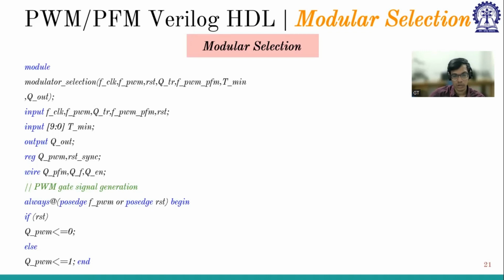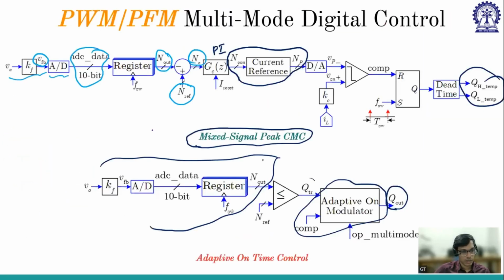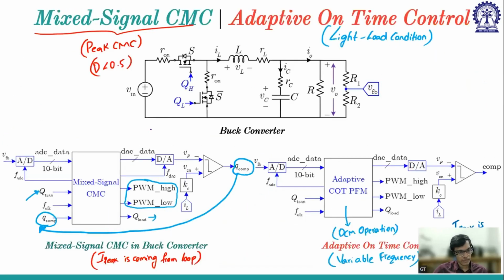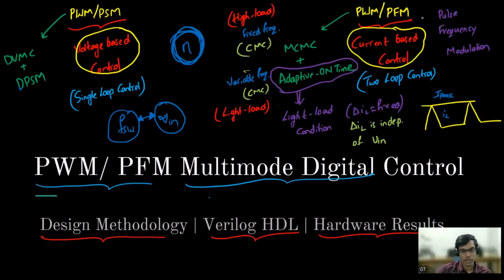Yes, sir, audible. Okay. So Shankar, PSM is not PFM. That is what I was discussing with Banerjee. PSM is a fixed frequency control, and PFM is variable frequency control, which is pulse frequency modulation. Here it is pulse skipping modulation, based on skipping. So there is a fixed duty ratio, fixed frequency gate pulse.